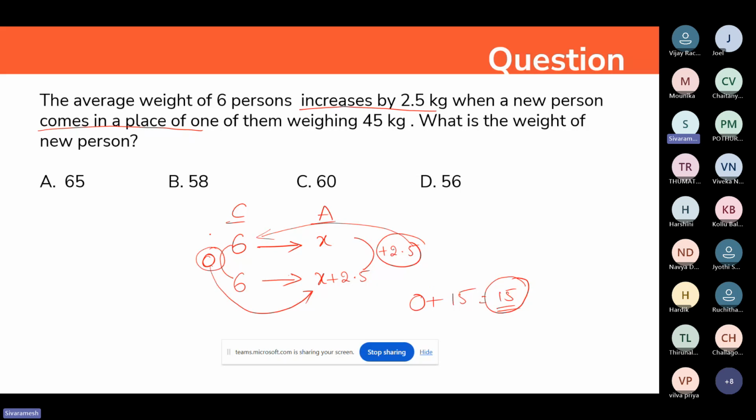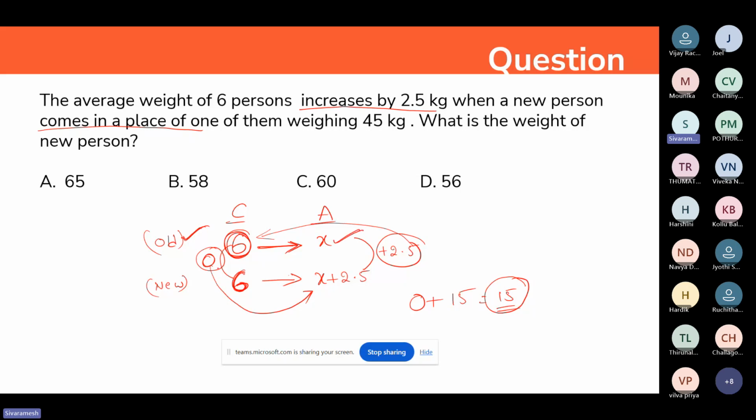In the first 6, the average is x. Now in the next 6, the count is the same, but in this particular 6, one old person is there, this person left, and in that place one new person came. Now observe: when the old person is there in the picture, the average is only x.